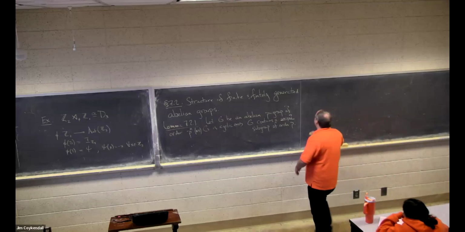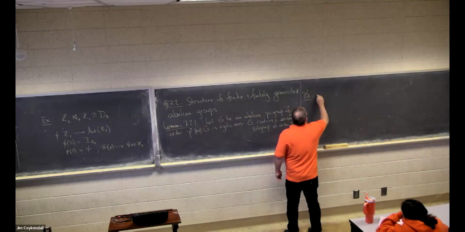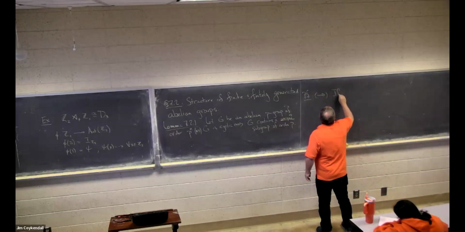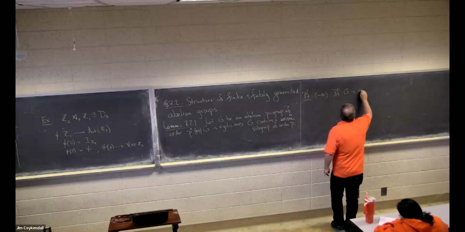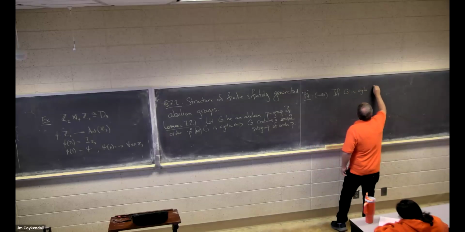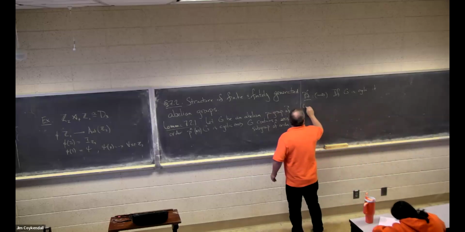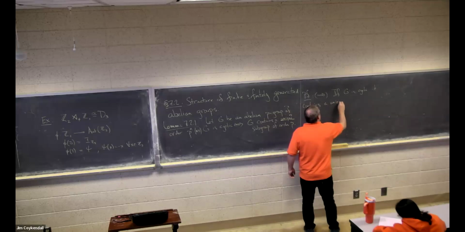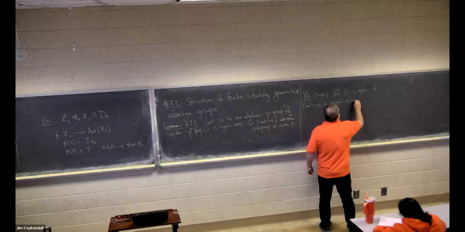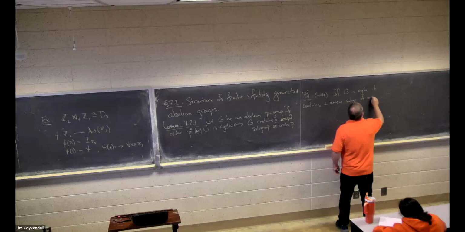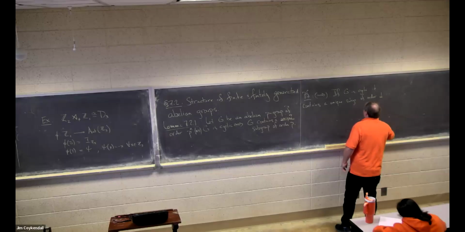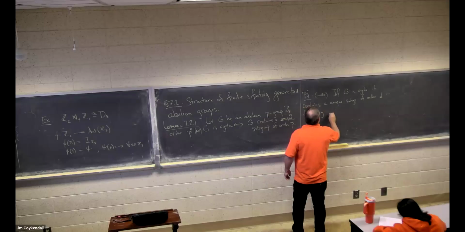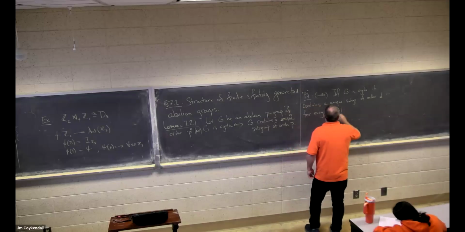So this is the easy direction. Here, G is cyclic. It contains a unique subgroup of order d for every d dividing the order.